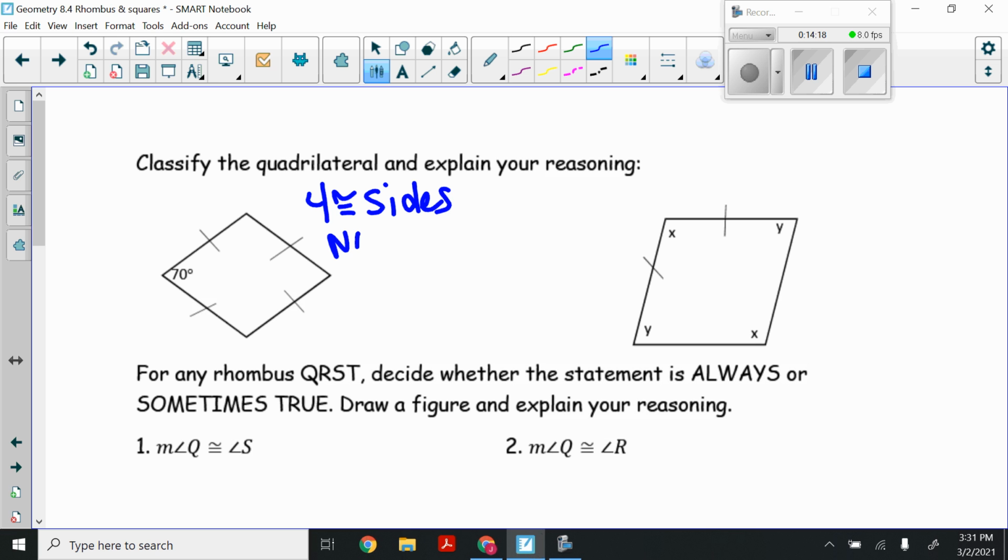I do not have any right angles. The only 2 quadrilaterals that we've talked about that have 4 congruent sides are a rhombus and a square. A square has 4 right angles. Since this picture only has 4 congruent sides and no right angles, therefore I would say this is a rhombus.